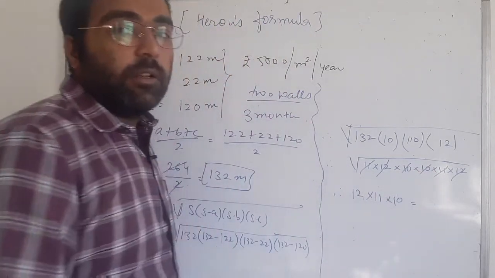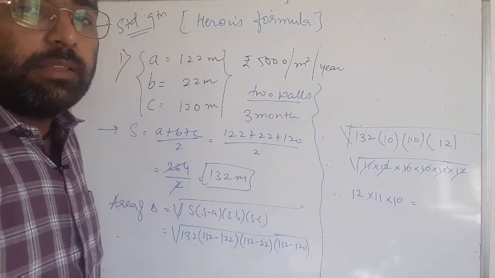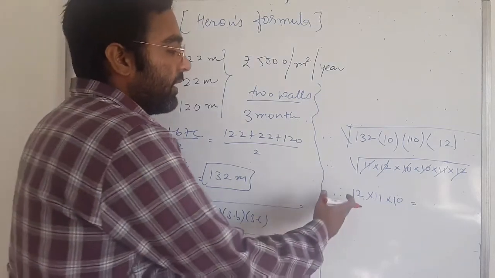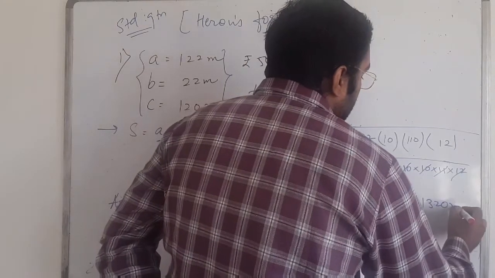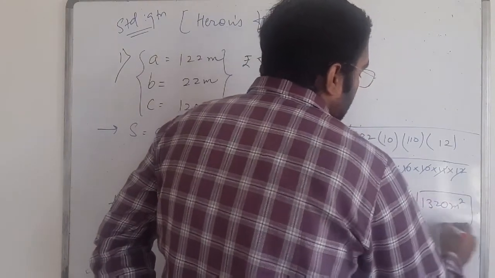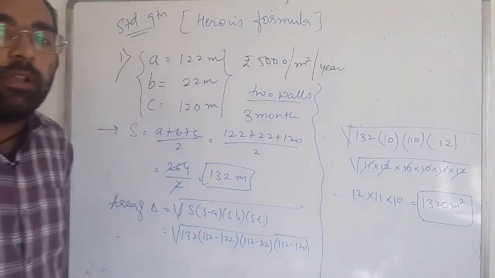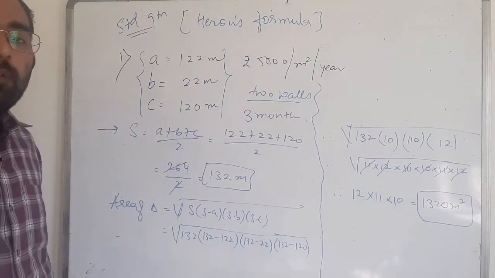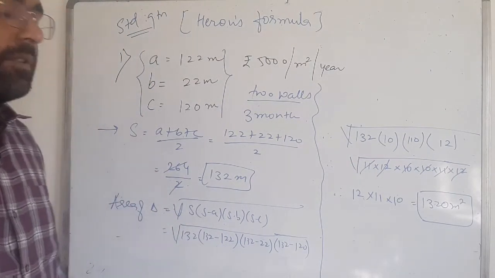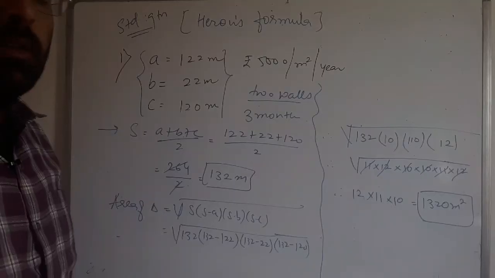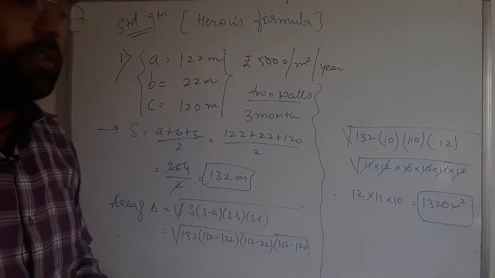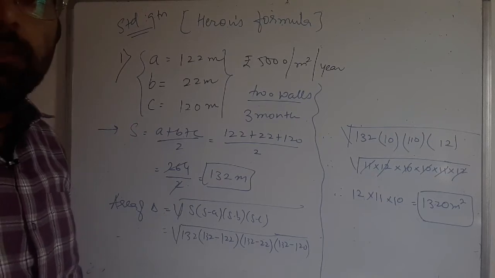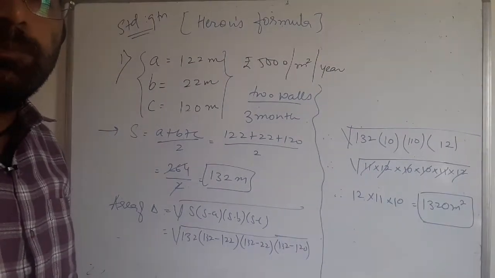So my answer is 12 into 11 into 10, that is 1320 meter square. The area of the triangular wall is 1320 meter square. Clear?